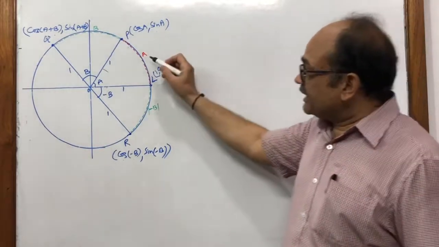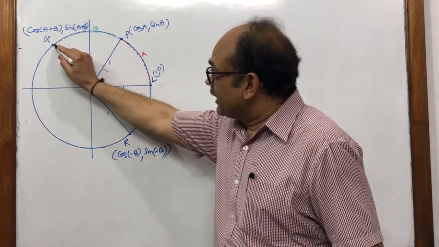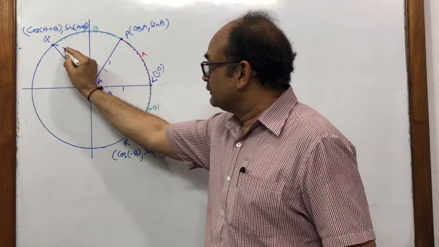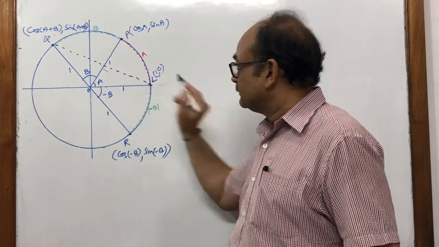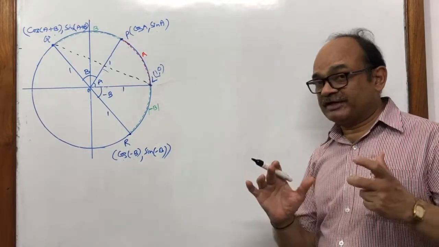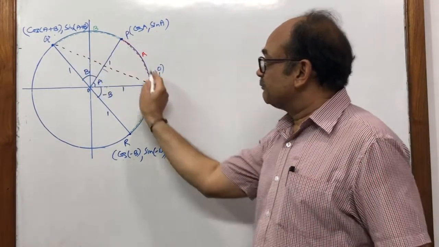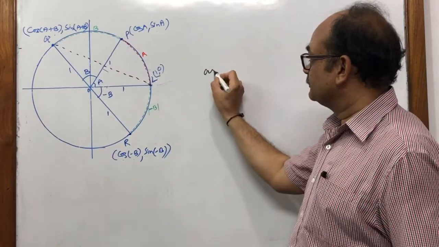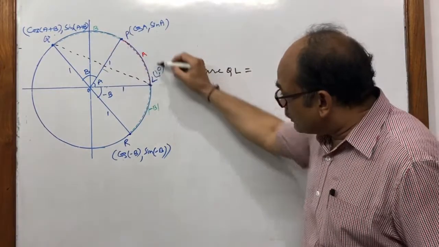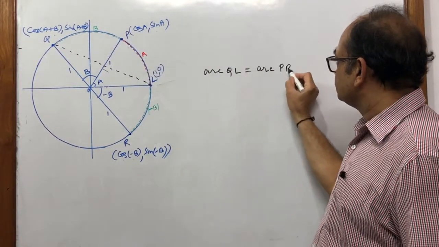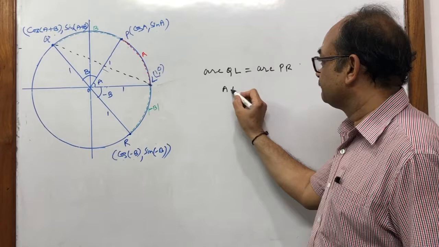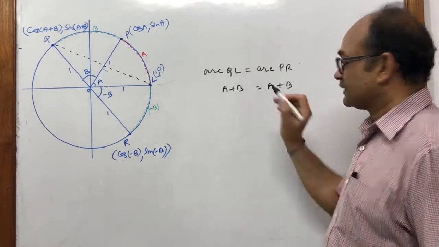Now, what is the value of LQ? If we join LQ, and if we join P to R, what are we getting? This total arc, arc QL, is A plus B. And arc PR is again A plus B. Yes or no?